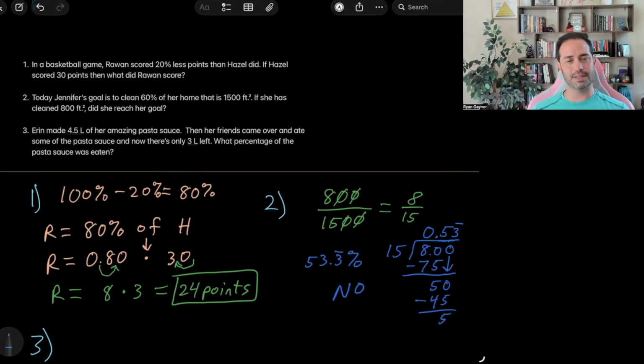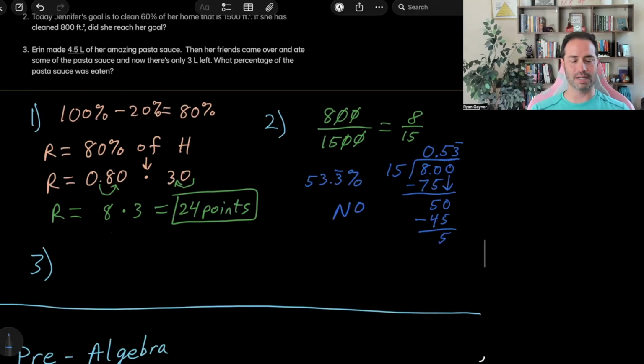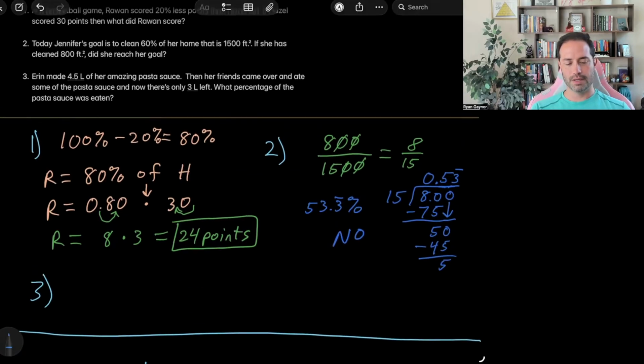And then the question states, what percentage of the pasta sauce was eaten? So first we got to figure out just how much pasta sauce was actually eaten, right? So if we do 4.5 minus 3, that equals 1.5 liters. So 1.5 liters of pasta sauce was eaten.